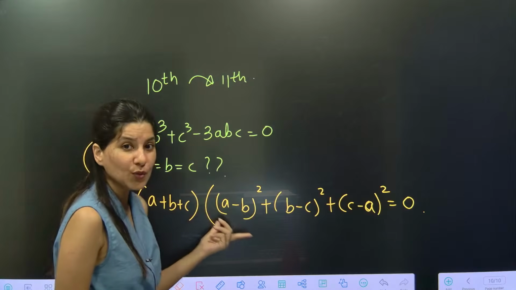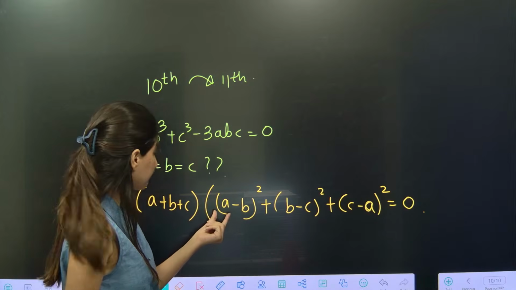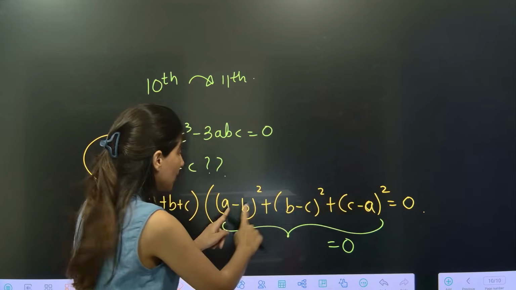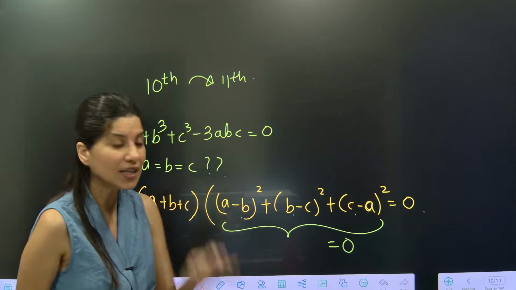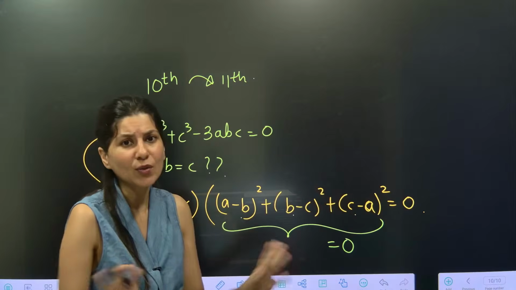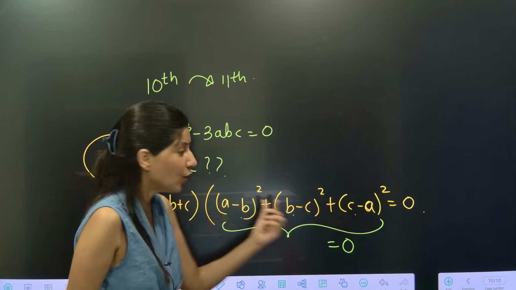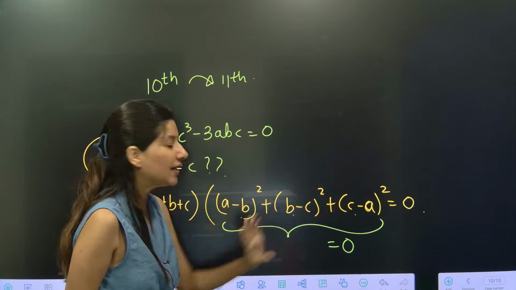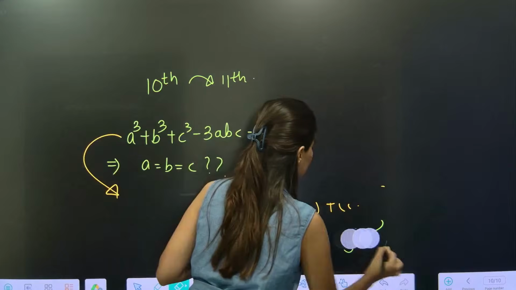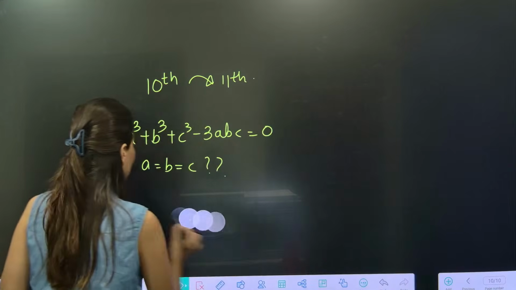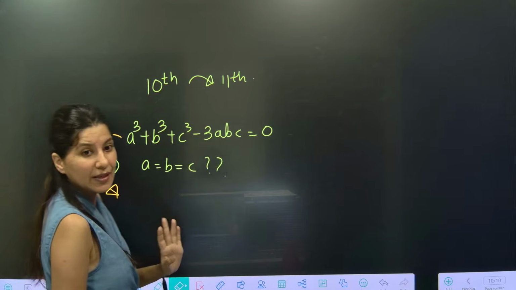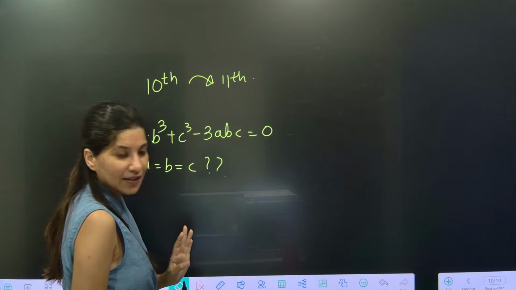So now you want this to be 0. Three squared quantities can be 0 only if all three are 0. Three squared quantities can never be negative, and you want it to be 0. So what does that mean? That all should be 0. So just remember this, this is a class 9th concept. a cube plus b cube plus c cube minus 3abc is equal to 0 means a is equal to b is equal to c. Okay.